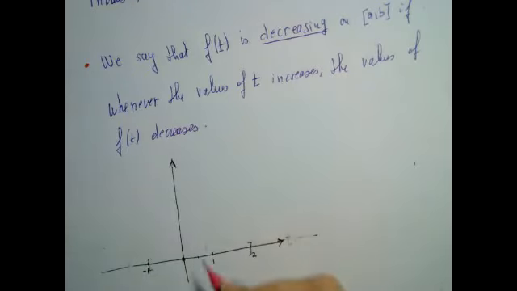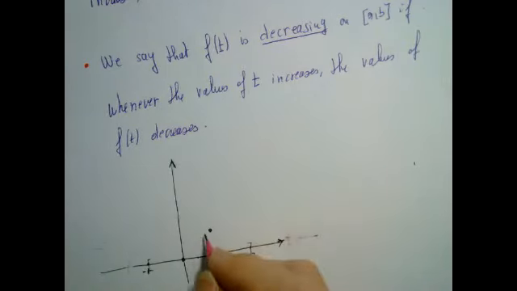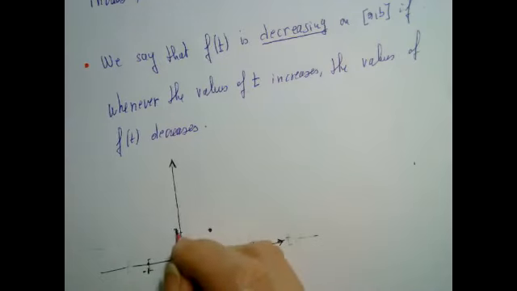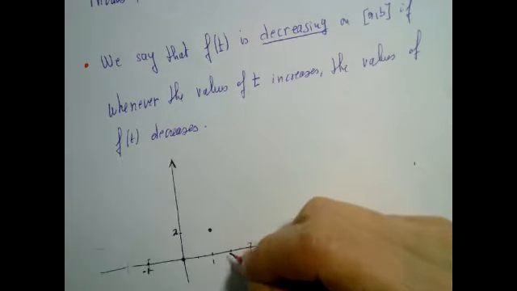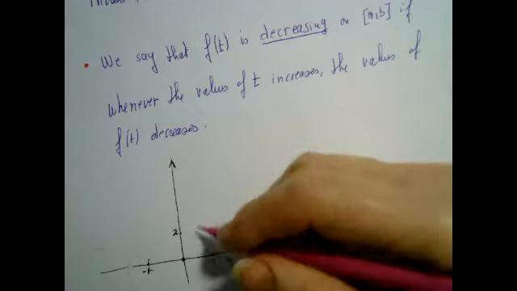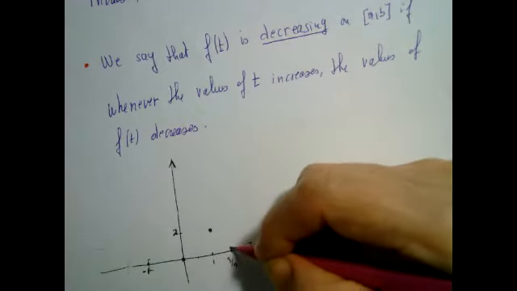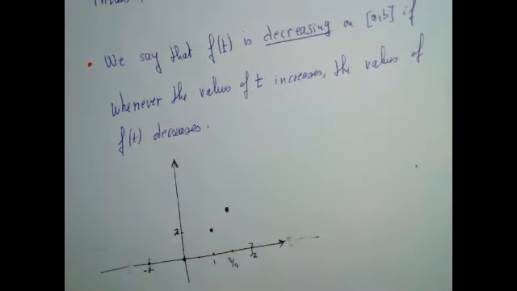And so what does increasing mean? Suppose at 1, the function takes the value 2. What value does the function take at larger inputs? If it's increasing, it means if you increase the input, the output gets larger. At 3/2, the function should take a value right here.